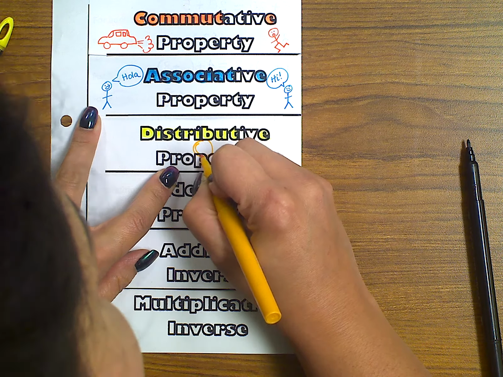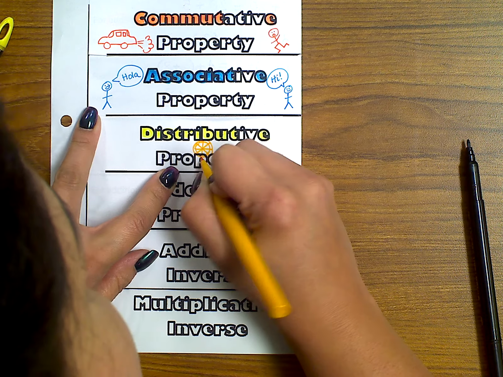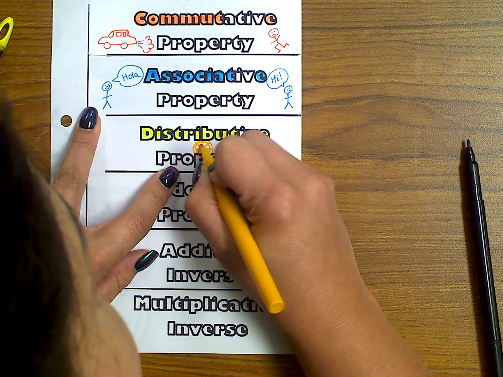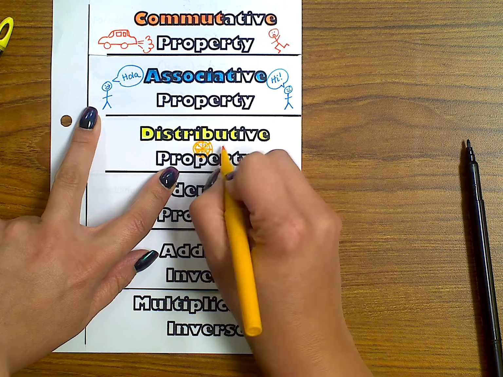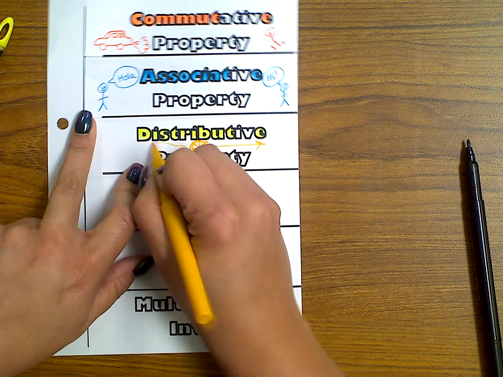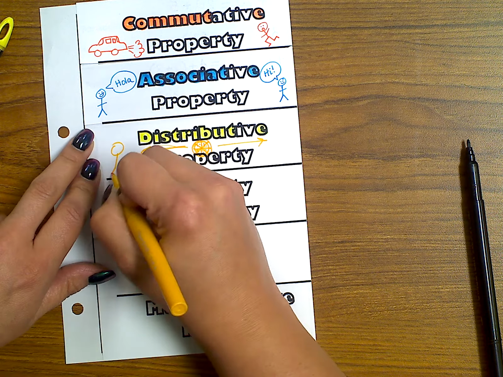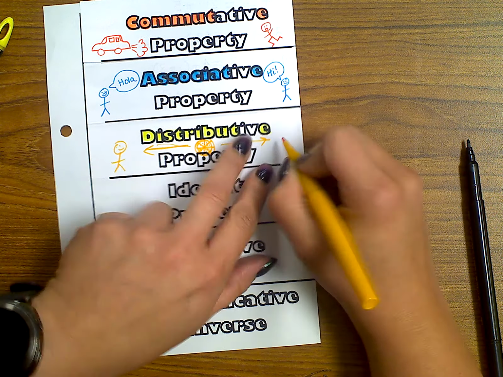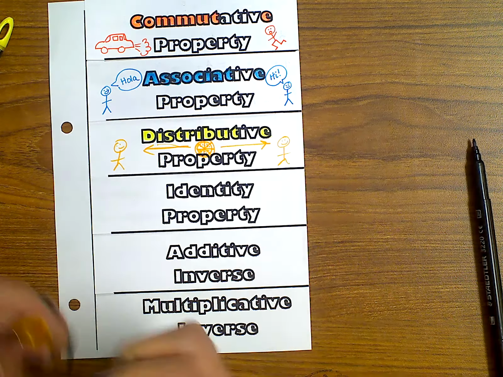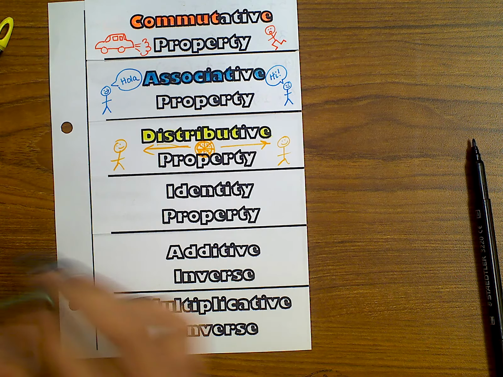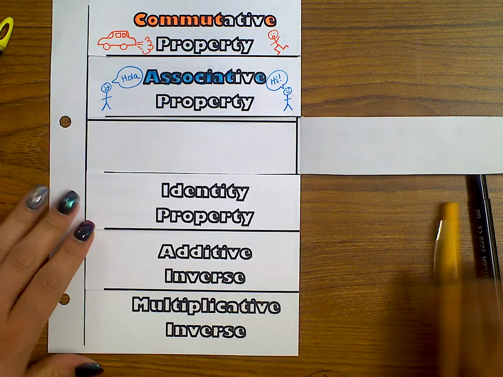So I'm going to draw an awful looking pizza with little toppings here and there. There we go. And you said distribute means to give, so people are happy, or giving out pizza.